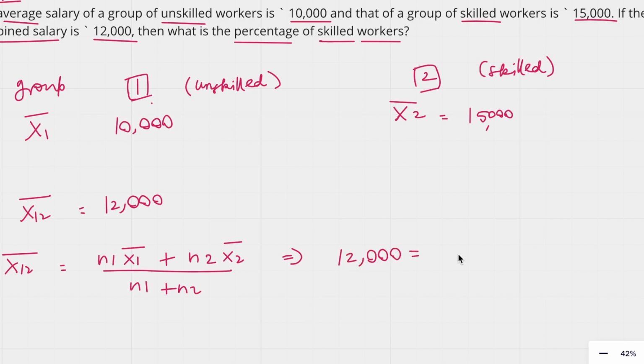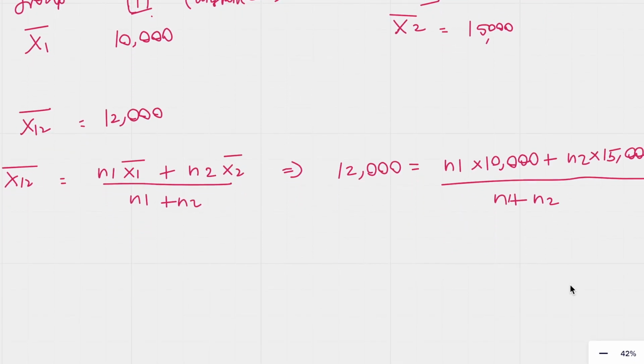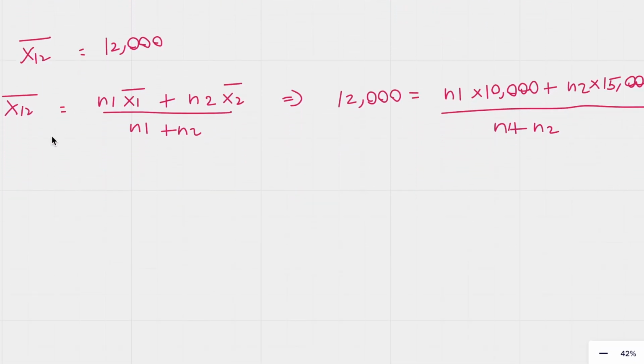This is equal to n1 into 10,000 plus n2 into 15,000 divided by n1 plus n2. We don't know what is n1 and what is n2. Let us try to solve with this equation.